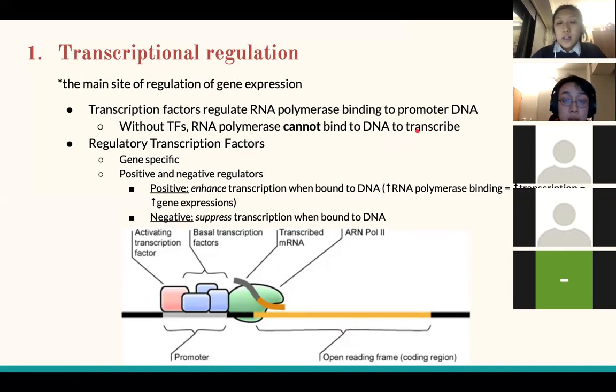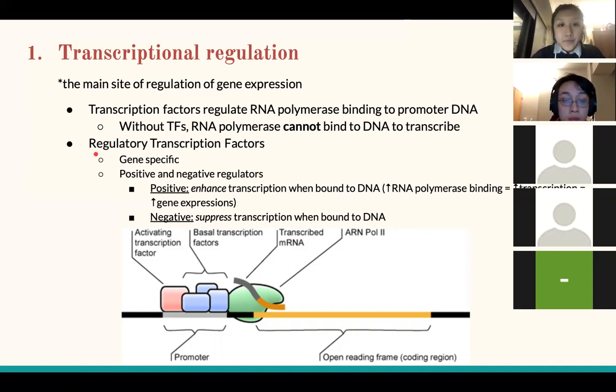So for instance, if a question said that transcription factors are blocked or not able to bind, would you expect transcription to happen? The answer would be no, because if you don't have transcription factors there, there's nothing to help RNA polymerase bind to the promoter. And so DNA is not able to be transcribed, and you're not even going to have that mRNA sequence at all.